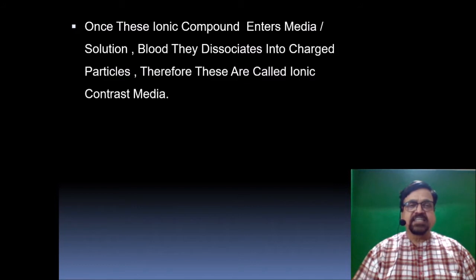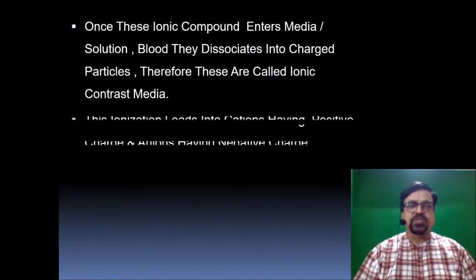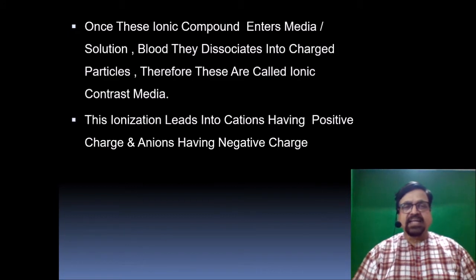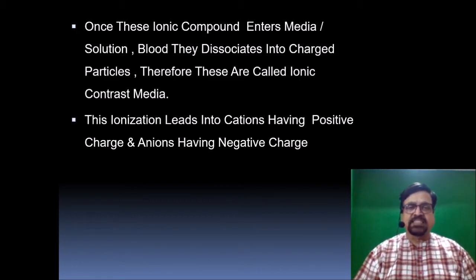Now when this ionic compound enters the media, solution, blood, it dissociates into charged particles. Therefore these are called ionic contrast media, since they get dissociated into charged particles once they enter. That's why they are called ionic.